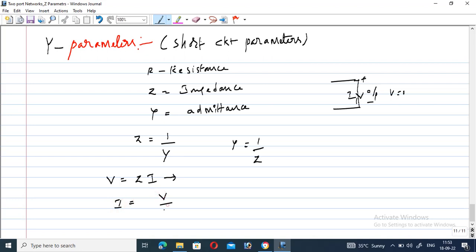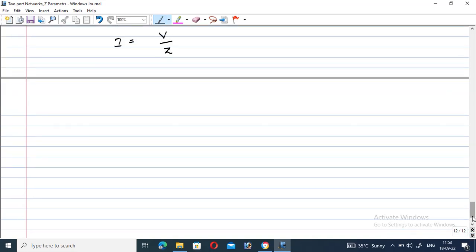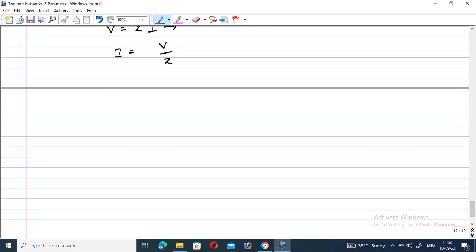I is V by Z, that is 1 by Z format. From the previous equation, 1 by Z is equal to Y, therefore you can represent I is equal to Y into V. Now you can represent the matrix form of I1, I2.